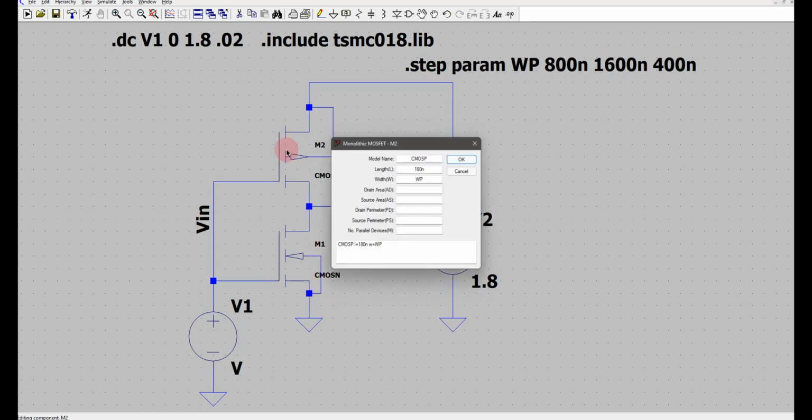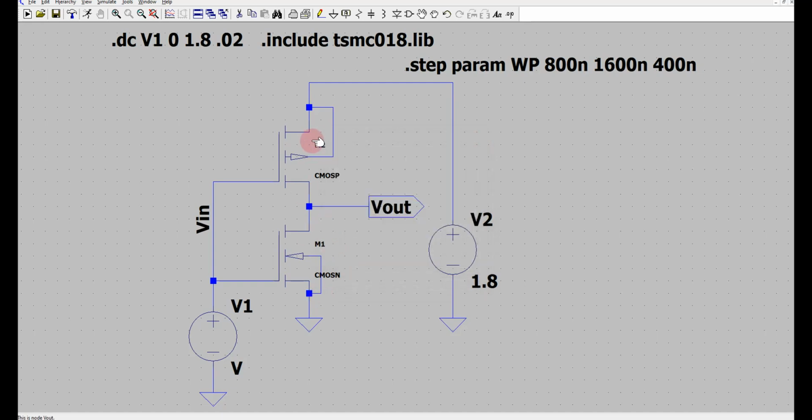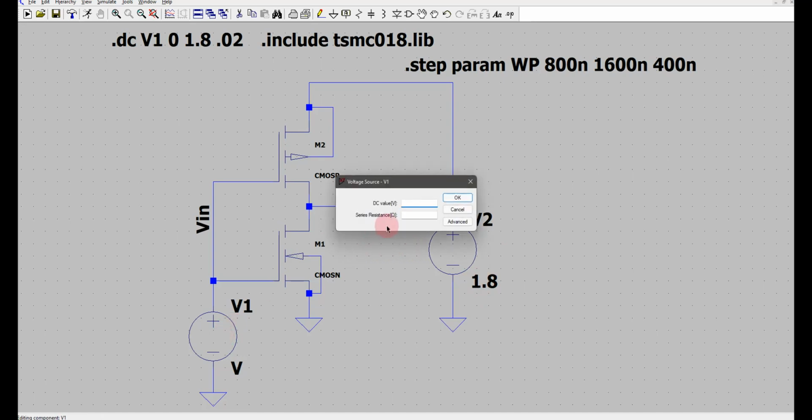Here I have put the width of the PMOS as a variable. I have given it as WP, which indicates width of PMOS. I have not declared that variable because I want to see the effect of change of variable. This is a voltage source which is 1.8 volt. That is a VT.